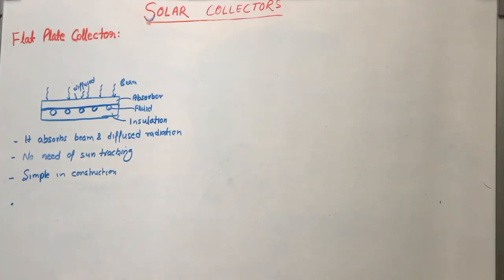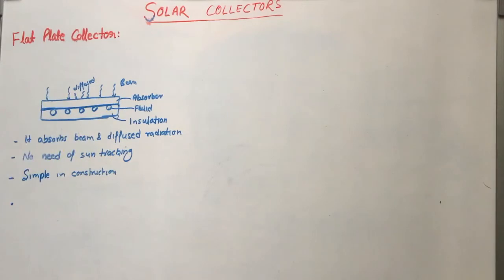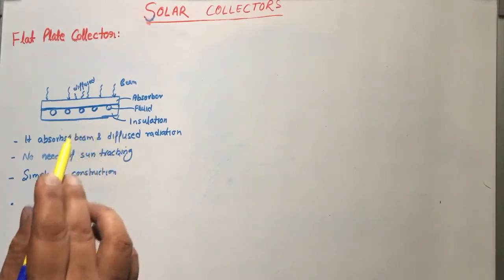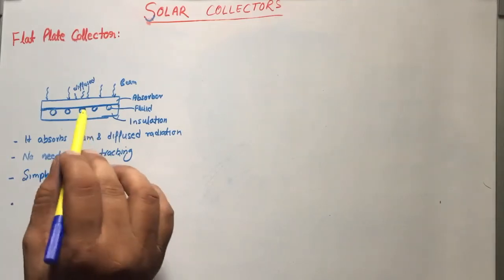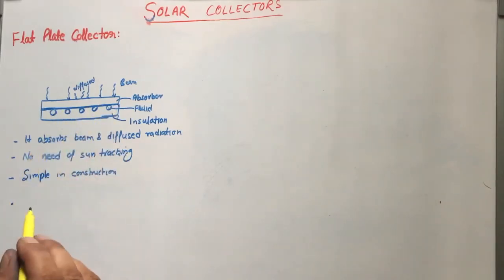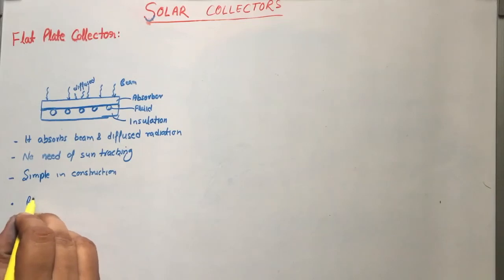After the characteristics of the flat plate collectors, let us discuss the basic elements of the collector. So the first one is the absorber surface. So first thing that we can say about the absorber surface, it should be black, okay.